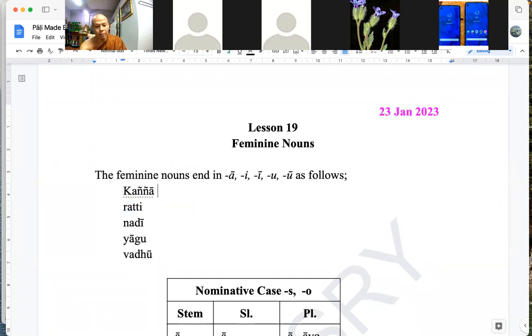Kanya means girl. And then Rati, ending in the I, that is nighttime, night. And the other noun ending in the I is Nadi. So Nadi is a river.